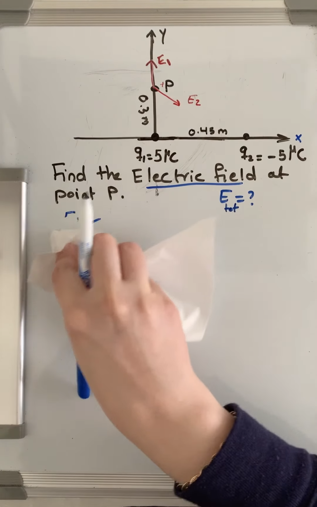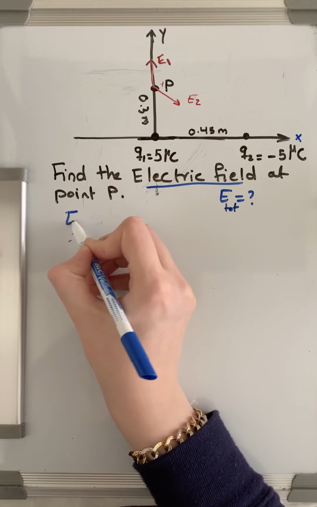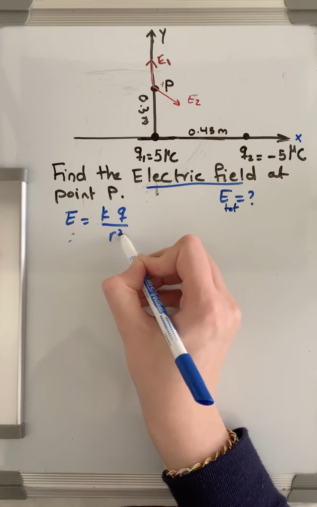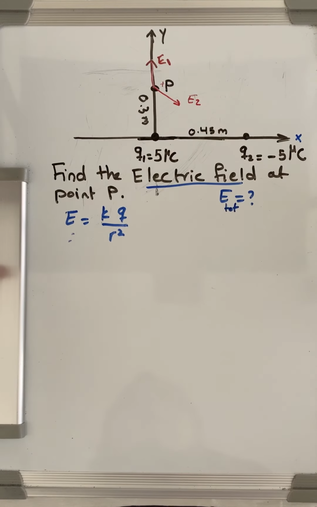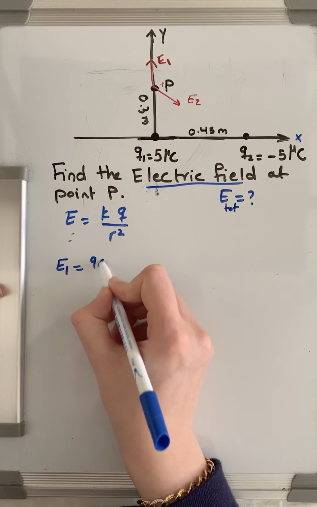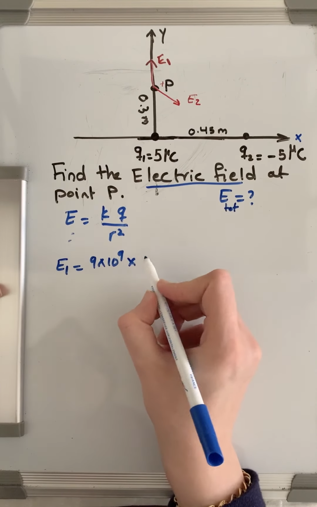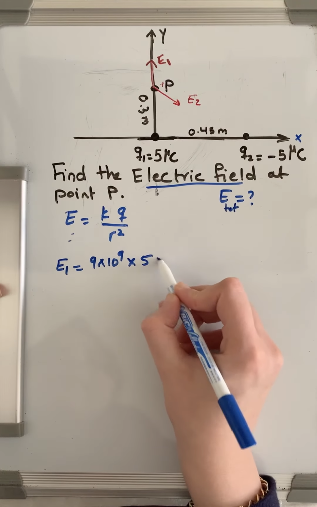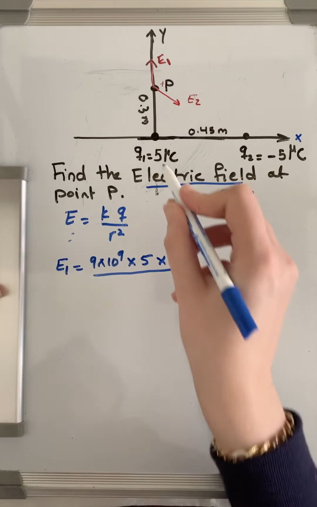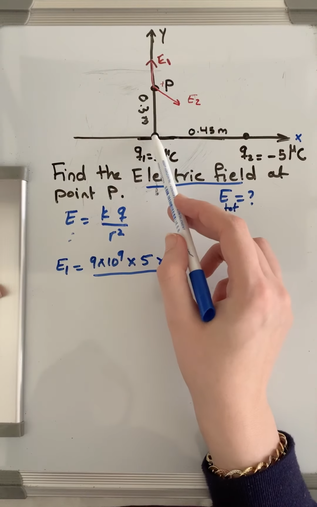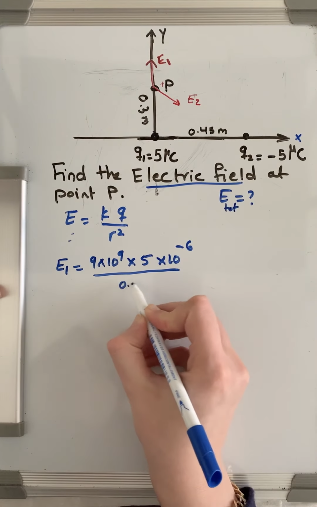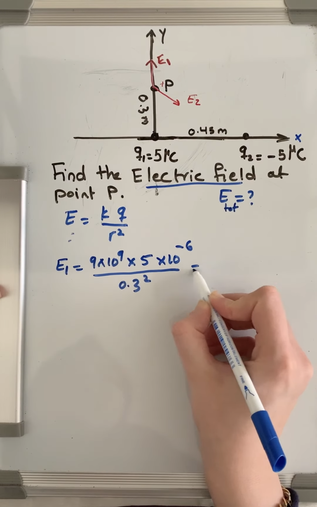The formula for electric field is E equals K Q, where Q is the charge causing the field, divided by R squared. So for E1, we use 9 times 10 to the power of 9 times Q1, which is 5 times 10 to the power of negative 6 to convert from microcoulomb to coulomb, divided by the separation between the point and the charge, 0.3 meters squared.